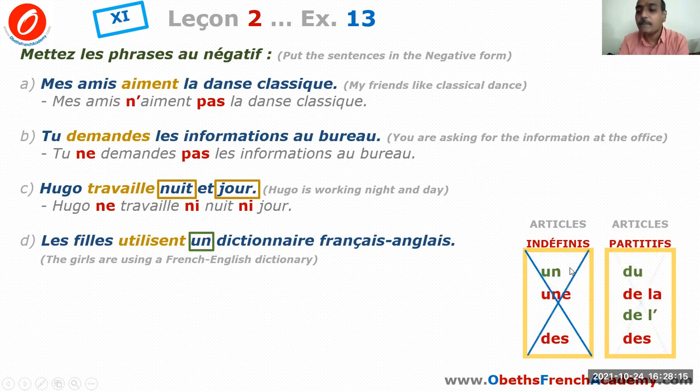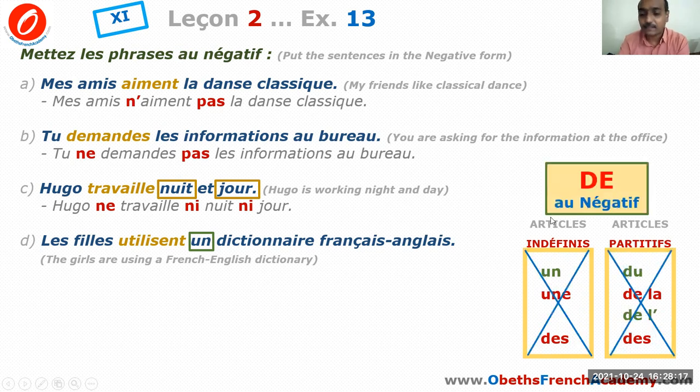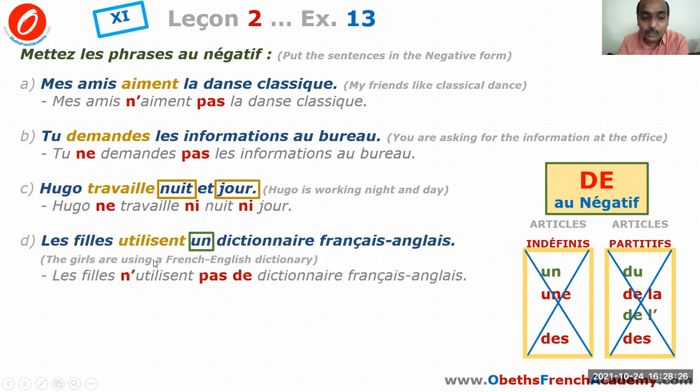They'll all become de in the negative. So if you find an indefinite article before a noun, in a negative sentence, as usual, you put ne before the verb and pas after the verb. But please remember the indefinite article will change to de. So les filles utilisent un dictionnaire will become les filles n'utilisent pas de dictionnaire français-anglais.